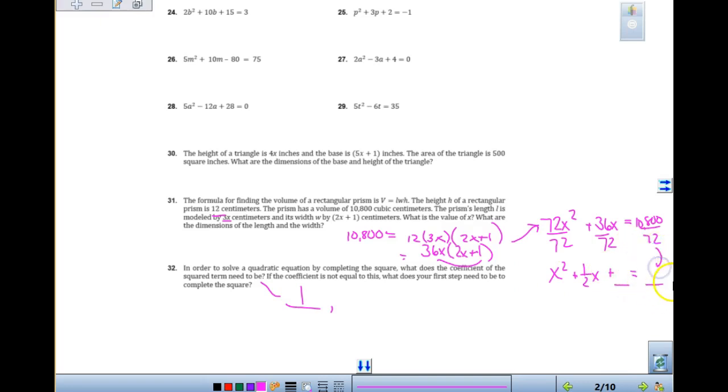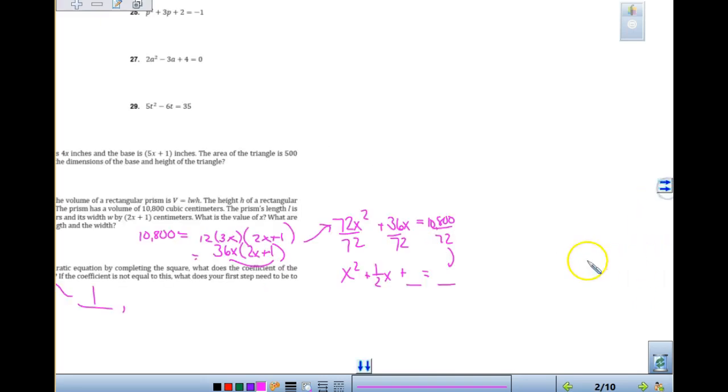So that goes here. And we are going to add on another number. What do I have to add to both sides, Otto? I'm going to take my b, which is 1/2, divided by 2, and square. So I have 1/2 divided by 2, which is really, how much do you get in your parentheses? 1/4.